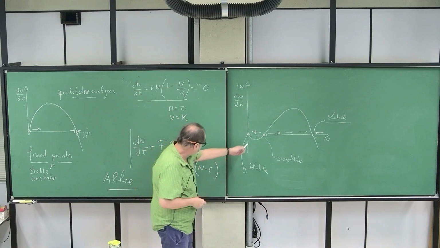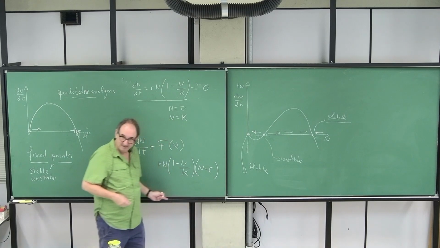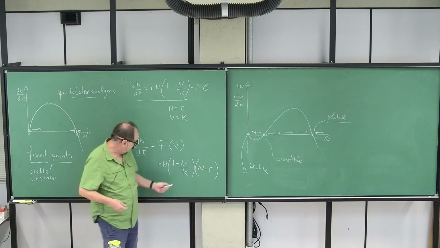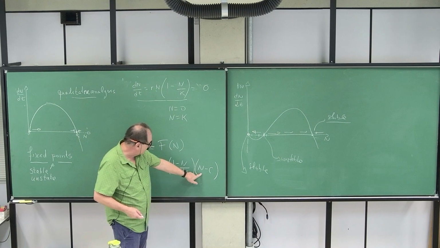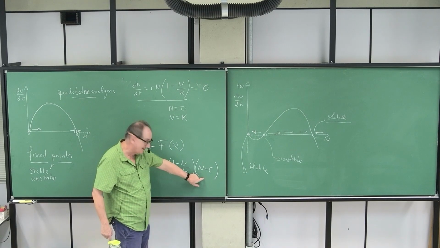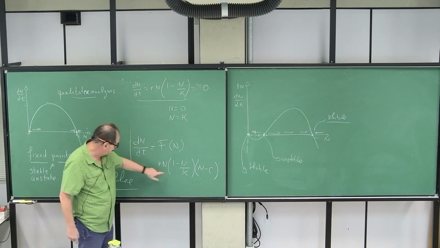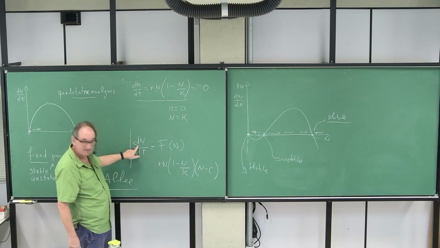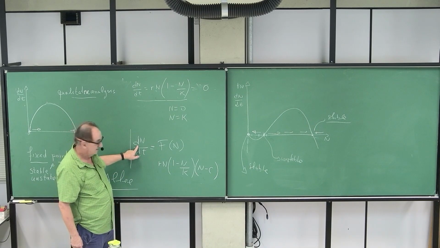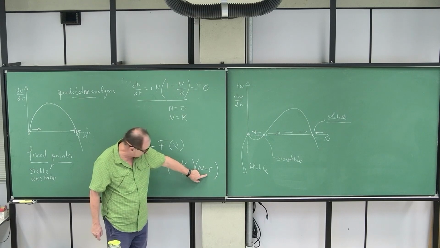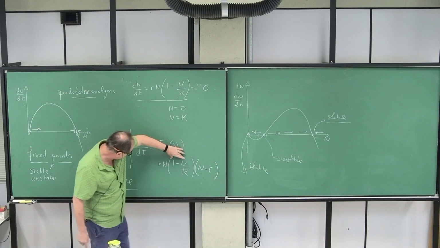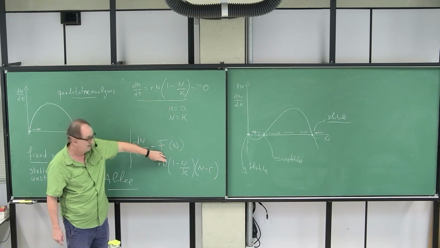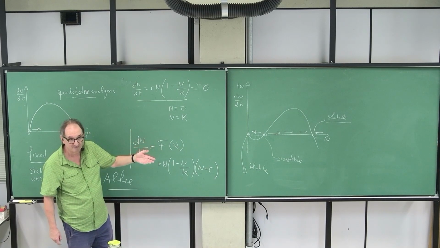So this is actually the plot that corresponds to this one. If N is smaller than C, this term is negative and all of these things are positive, so it's negative here. And if N is bigger than C, this is positive, and this is positive, and therefore dN/dt is also positive.